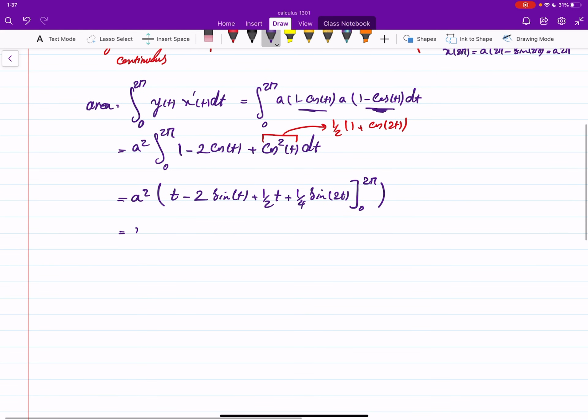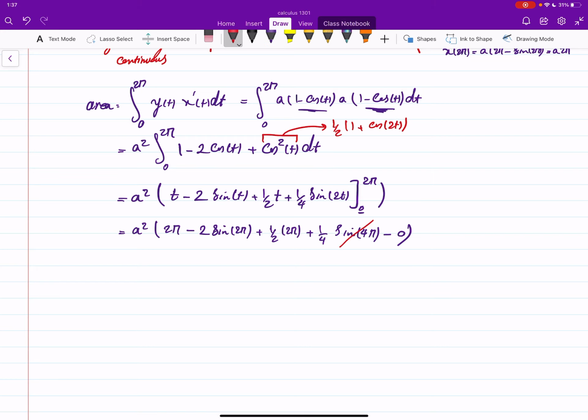Plug in 2 pi there, so it will be 2 pi minus 2 sine of 2 pi plus half of 2 pi plus 1/4 of sine of 4 pi, minus. When you plug in 0, everything will be 0, so I won't write that part.